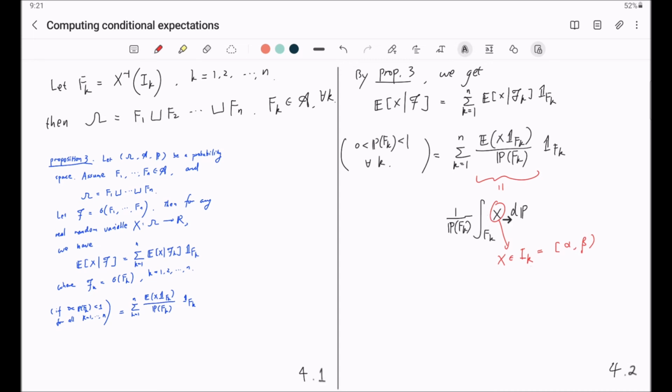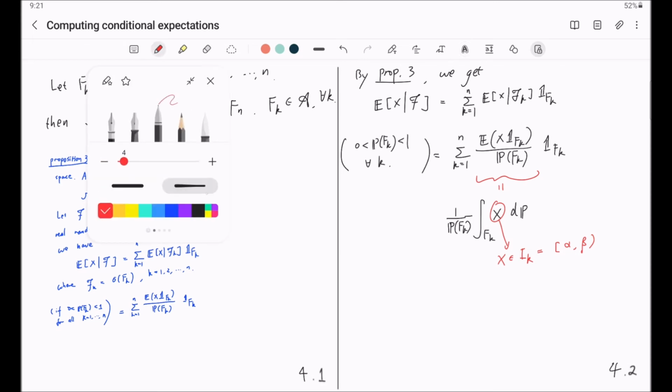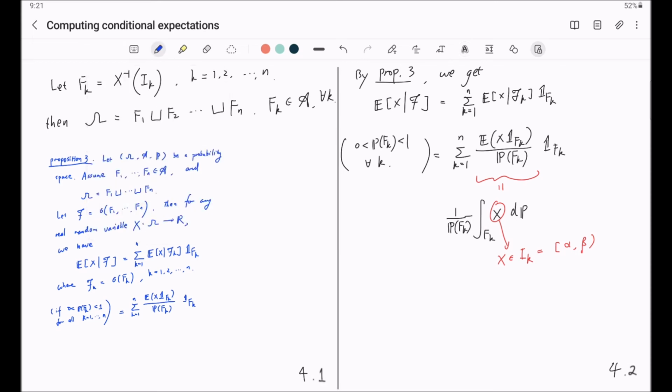So this integral must be bounded above by the supremum of Ik, while bounded below by the infimum of Ik.